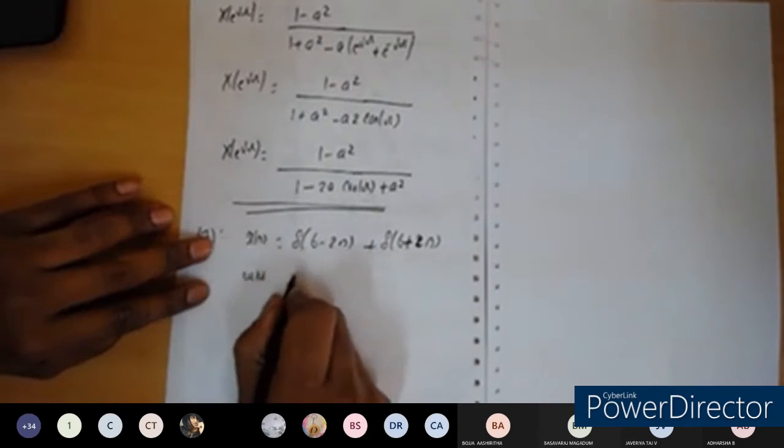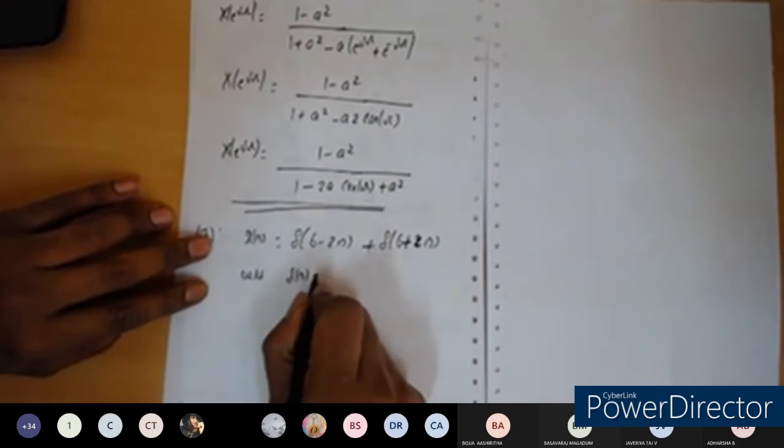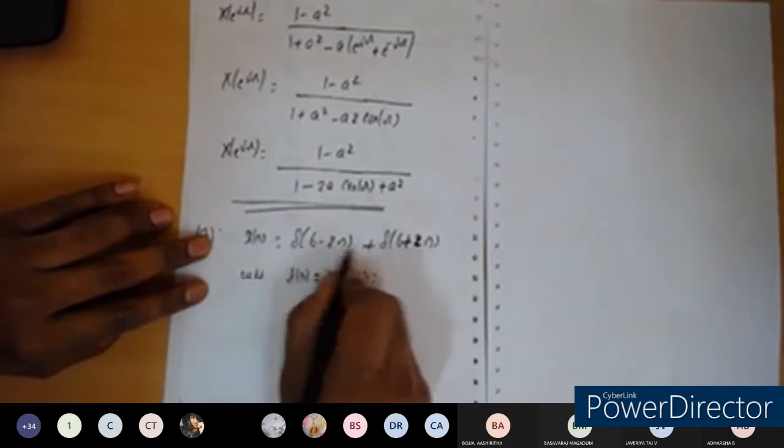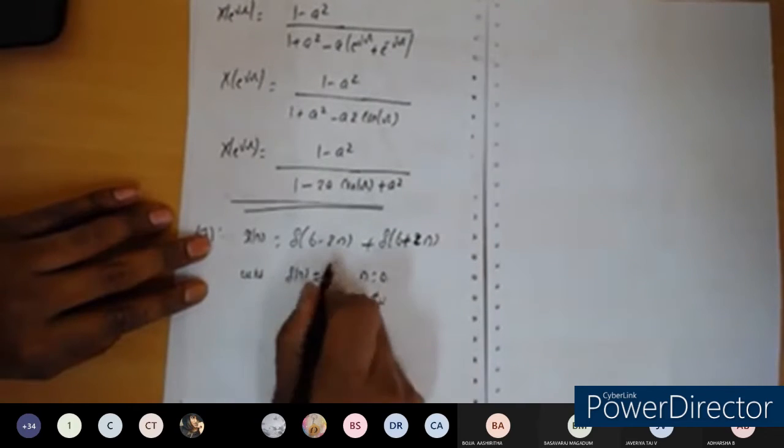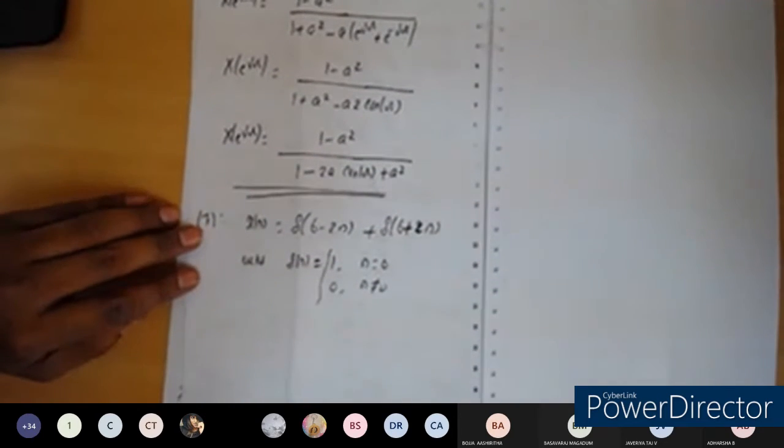We know that for the impulse function, delta of n is equal to 1 when the term inside the braces is equal to 0, and 0 for n not equal to 0.